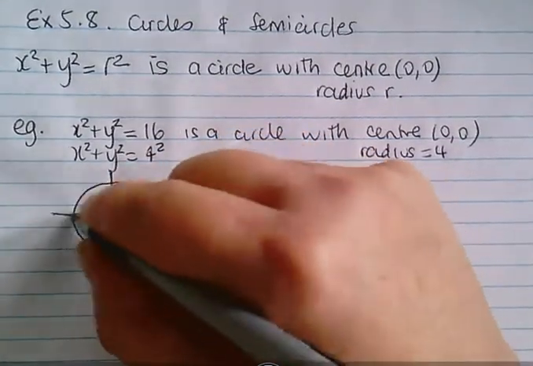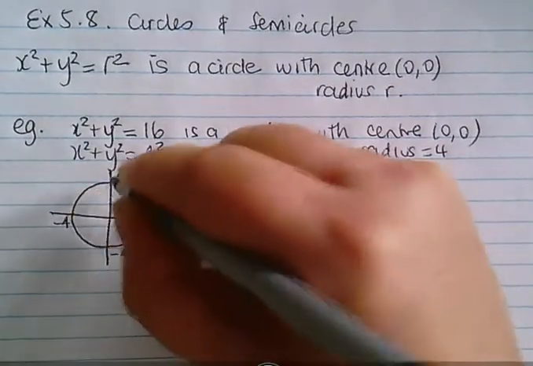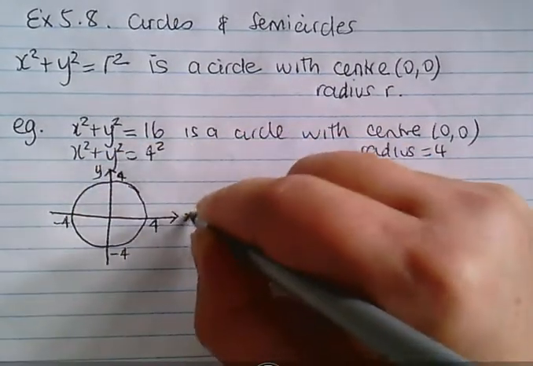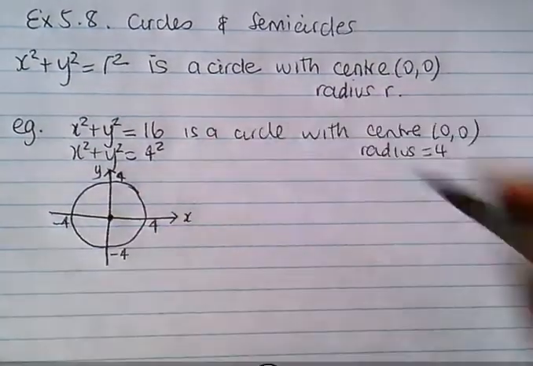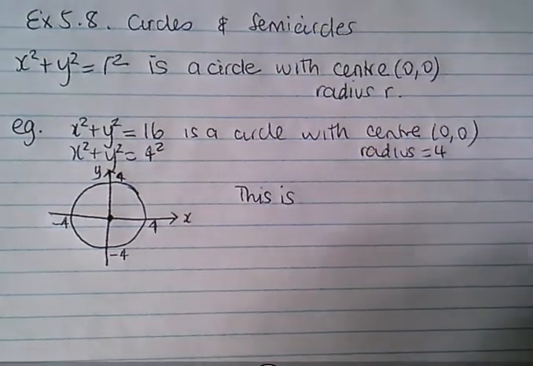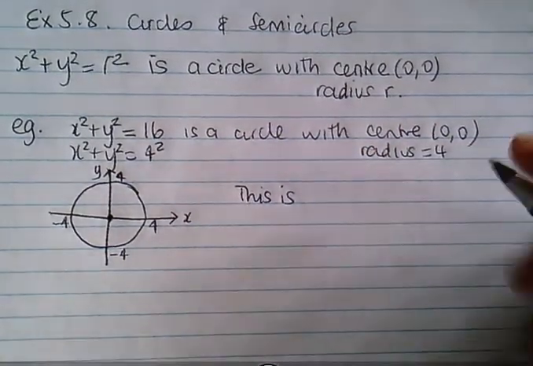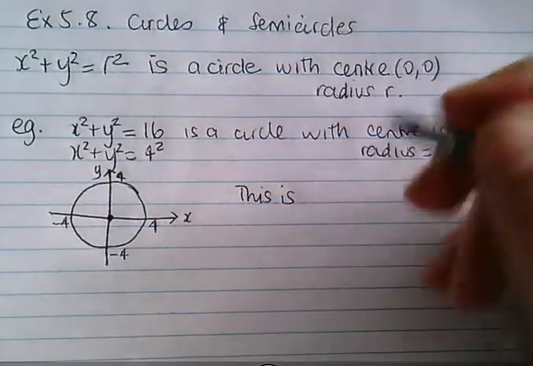So this is what it looks like. So that's a circle with center 0, 0, radius 4. Is it a function? Is or is not a function? What test does it have to pass to be a function? Vertical line test.